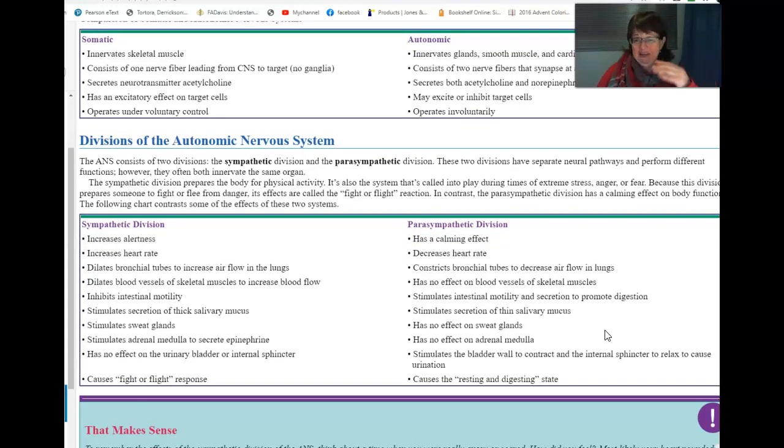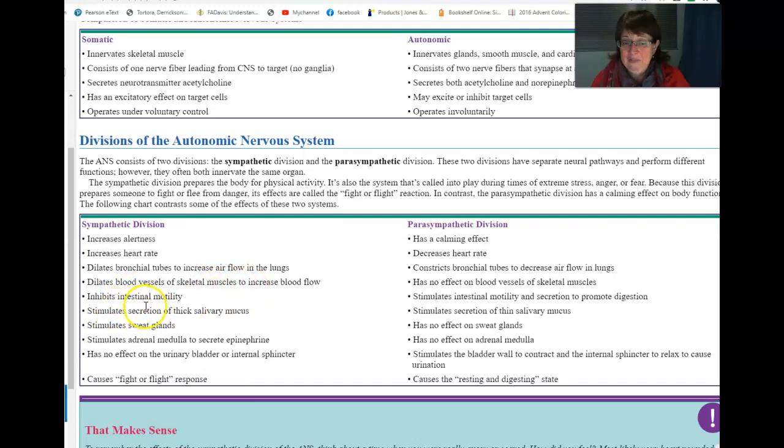Instead of memorizing all these activities, first think sympathetic is fight or flight. You want to charge up your body in order to fight or flee. So you're going to increase alertness, increase your heartbeat to get more blood. You want to dilate your bronchial tubes to get more oxygen, and dilate your blood vessels to your muscles to increase blood flow.